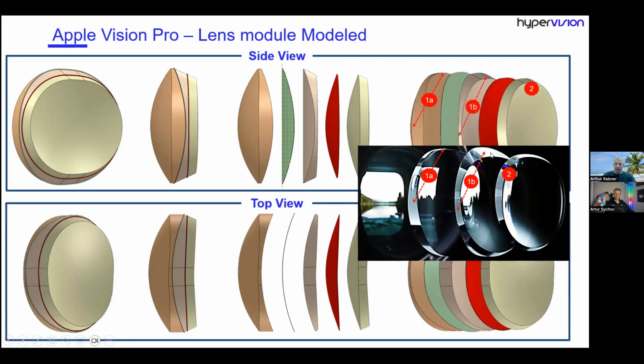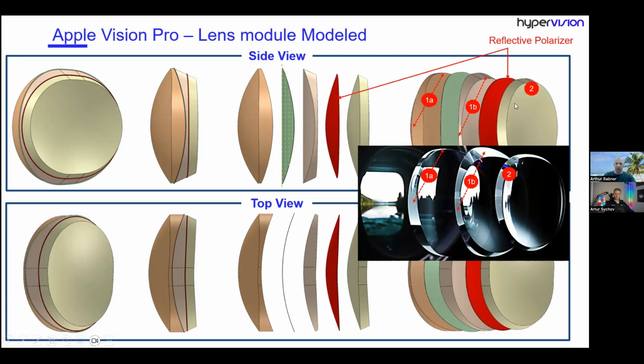We can see that lens 1B in our case is a little bit smaller than in the real case, and lens 2 is a little bit bigger, but we will get approximately the same results, not optimized, of course. What I am going to show you is the result of 2 hours of work. I guess Apple worked hundreds, maybe thousands of hours on optimizations, but the principles stay the same.